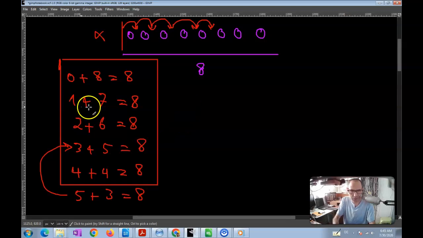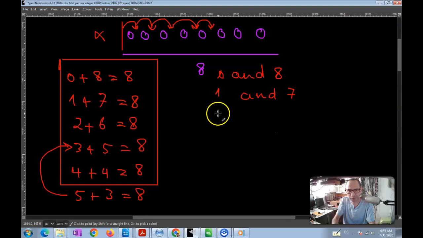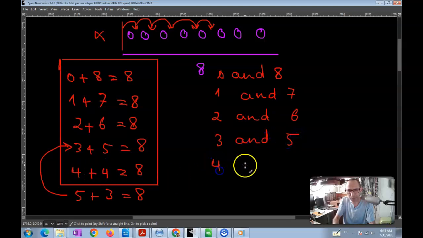So a number pair for 8 would be 0 and 8. Another number pair would be 1 and 7. Another would be 2 and 6. Another would be 3 and 5. Another would be 4 and 4. That's basically all the number pairs for the number 8, right?